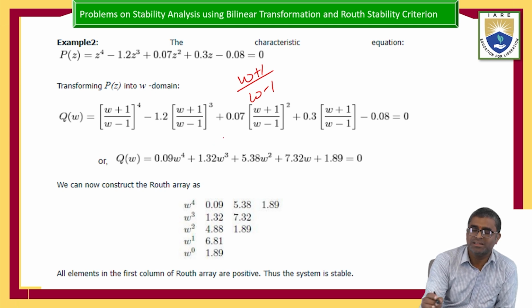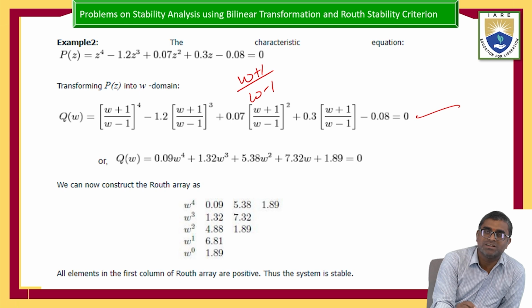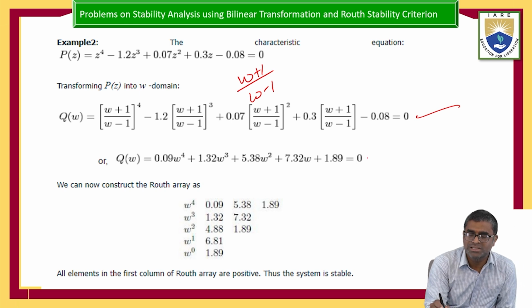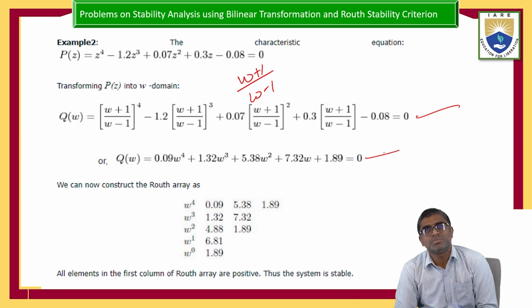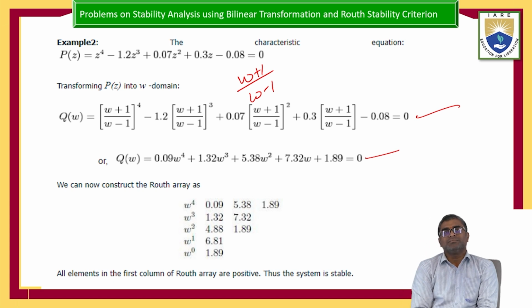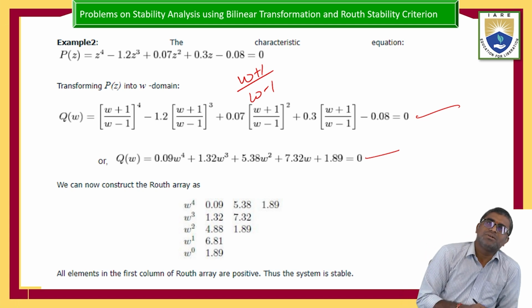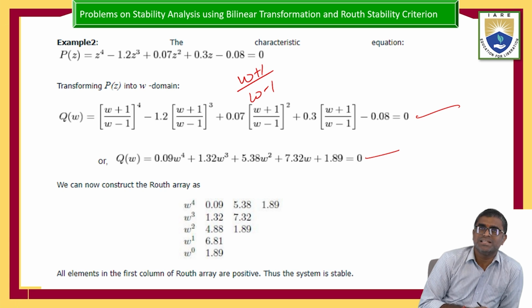After simplifying this into a normal polynomial equation, we get 0.09 omega power 4 plus 1.32 omega cube plus 5.38 omega square plus 7.32 omega plus 1.89. After that, we have to form the Routh criteria table.